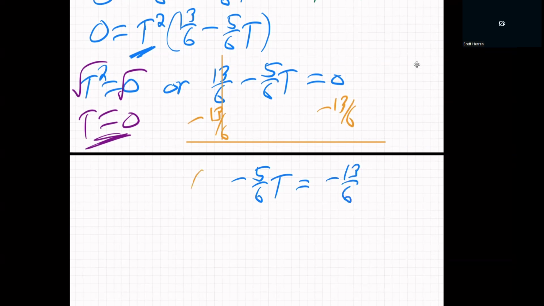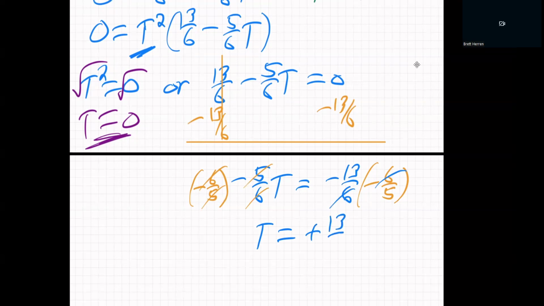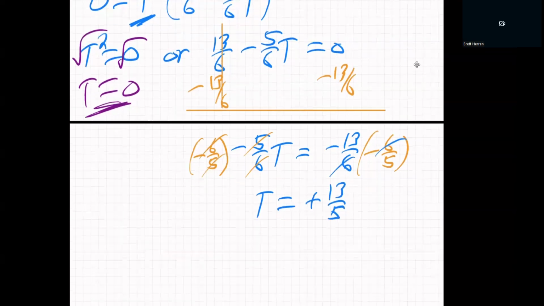Now multiply both sides by minus 5 over 6. And the 6's cancel, the 5's cancel. Two negatives become positive. That gets t alone, doesn't it? On the other side, two negatives make positive. These 6's just cancel. Just 13 over 5. Now they probably want a decimal. What is that? 2.6? Yeah, 2.6.